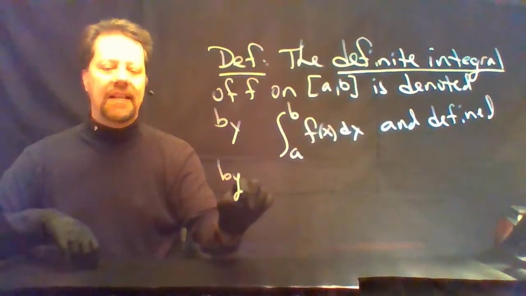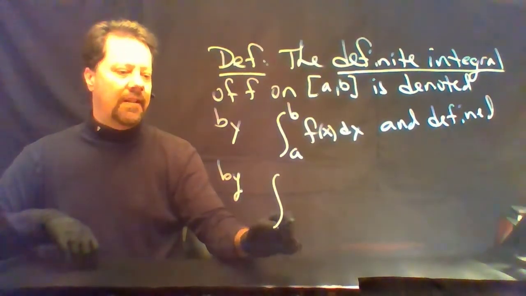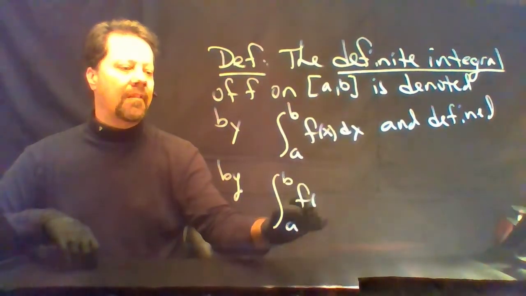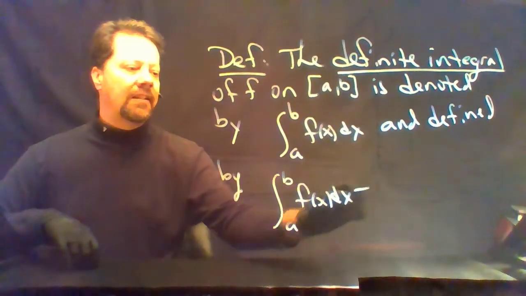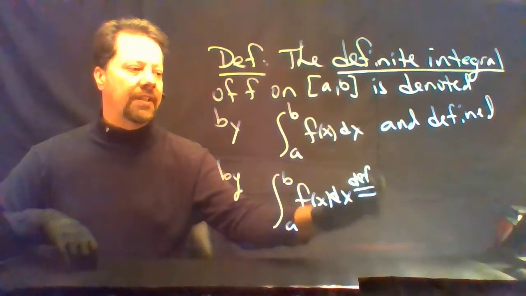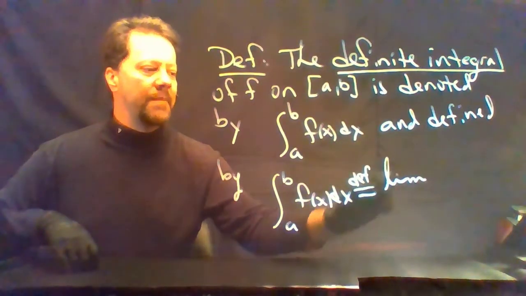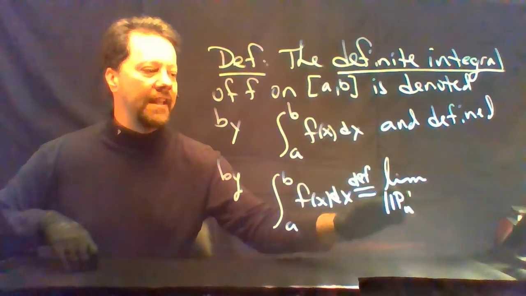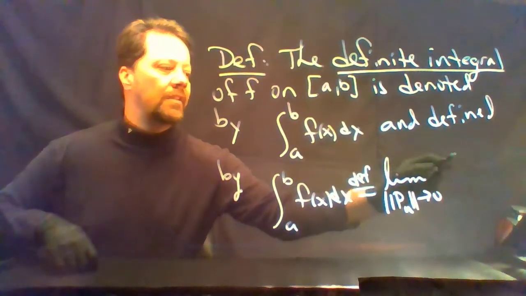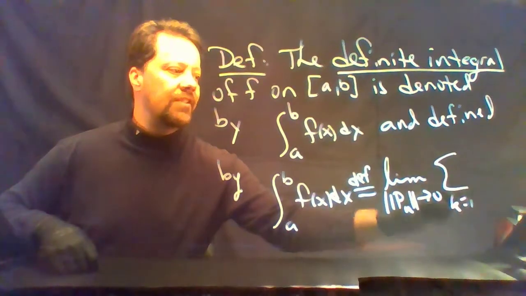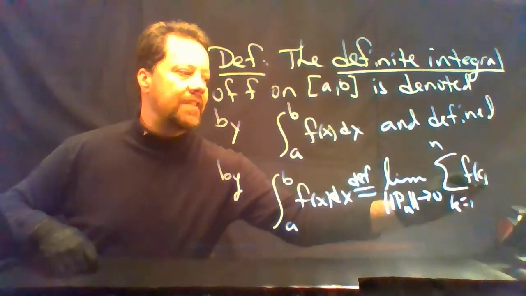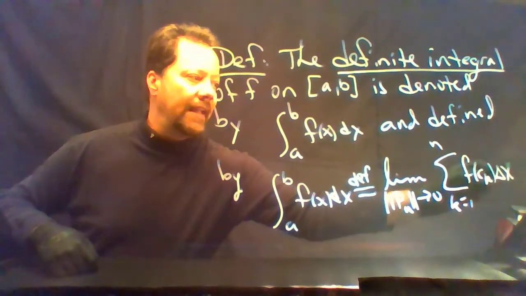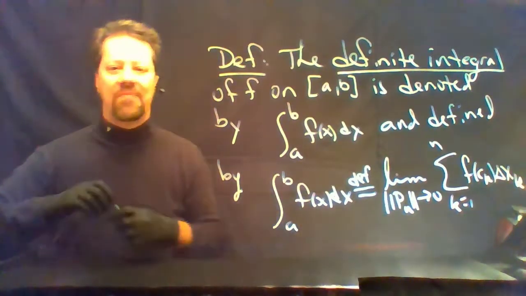And defined as follows. The integral from a to b of f of x dx is, by definition, the limit as the norm of the nth partition goes to 0 of the sum as k goes from 1 to n f of ck delta xk.